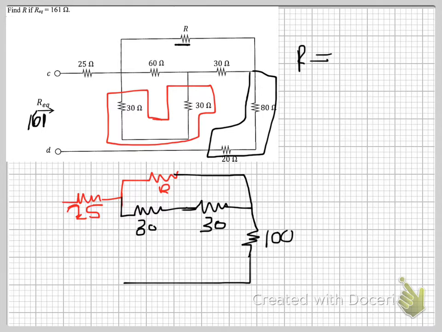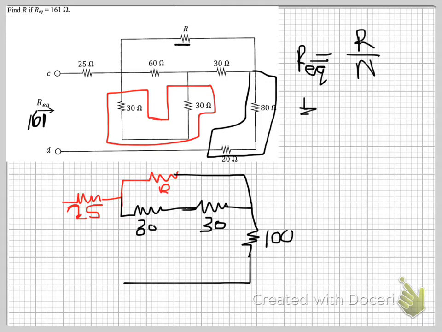R equivalent is equal to R over N, where N represents the number of resistors in parallel if they're the same resistors.